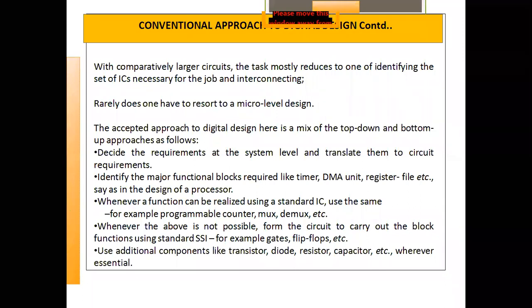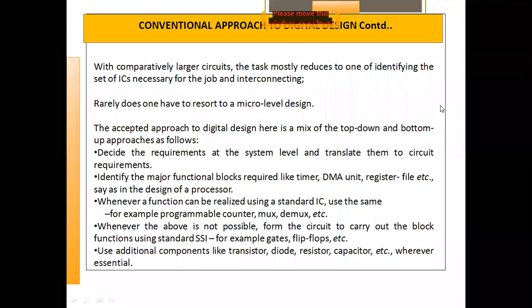For a very big system, first we have to identify the different types of components present in it.